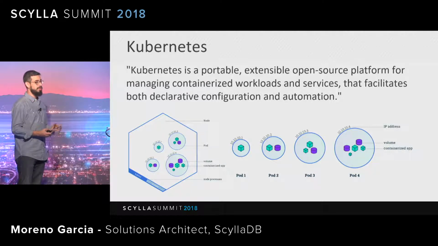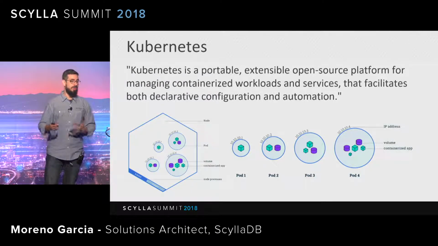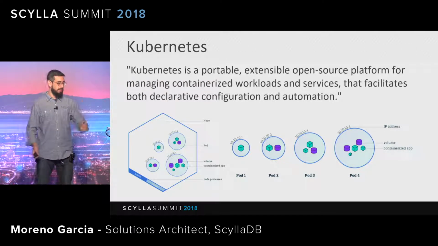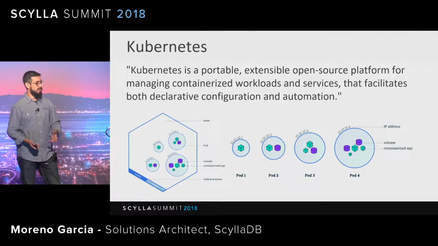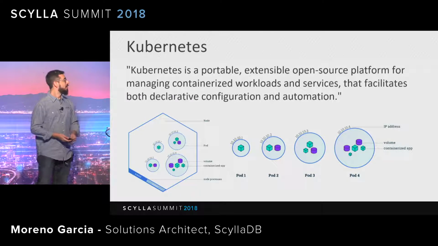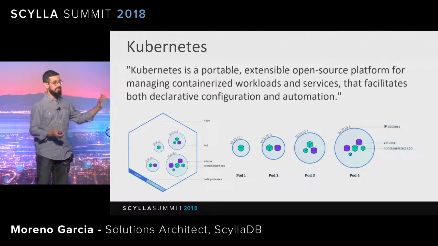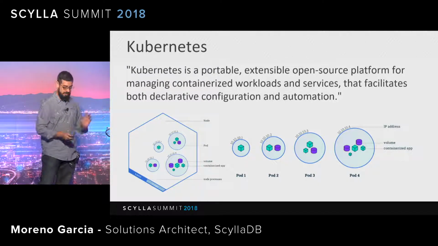So you tell the Kubernetes cluster how many resources you want and what you want from them. You can run a Docker image for applications, application servers, and in our case, a database. And it will just match what you declared and give you the resources that you asked for.